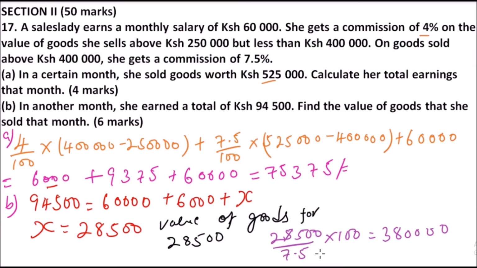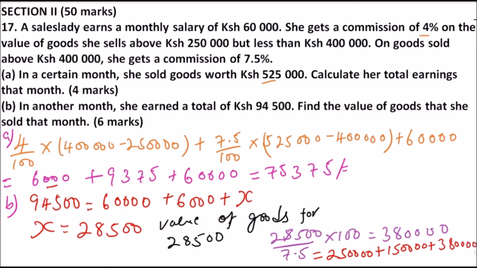This implies that the total sales is equal to the first 250,000 plus 150,000, and then finally plus the 380,000 we have obtained.